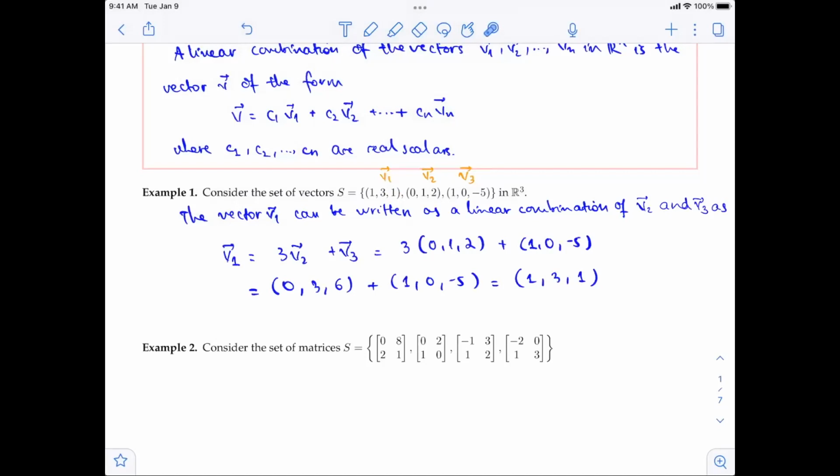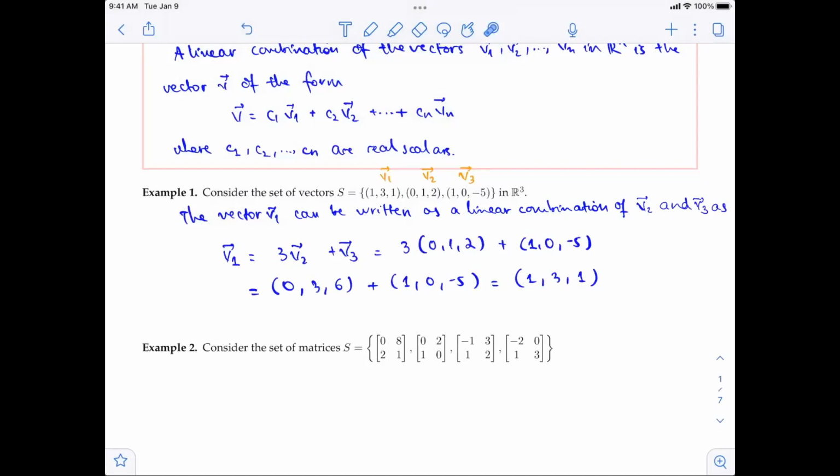You may wonder how I can find 3 here, and how I can find the coefficient of v3 to be 1. We will learn how to do that later on in this lecture, of course. But for now, the idea I want to give you is that a vector can be written as a linear combination of other vectors. So in this case, v1 can be written as a linear combination of v2 and v3.